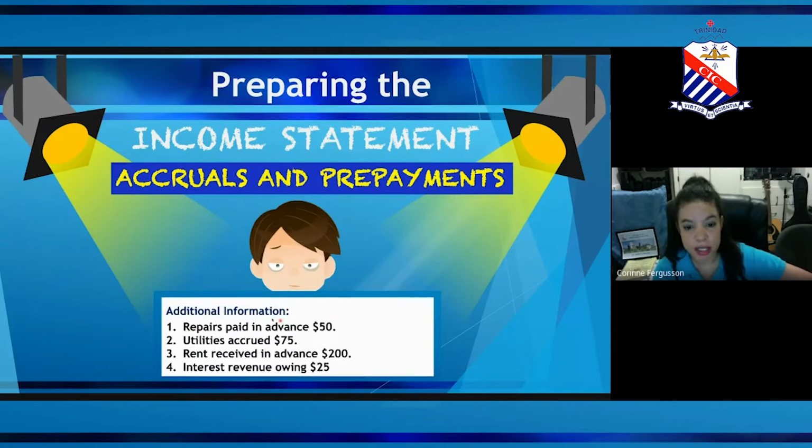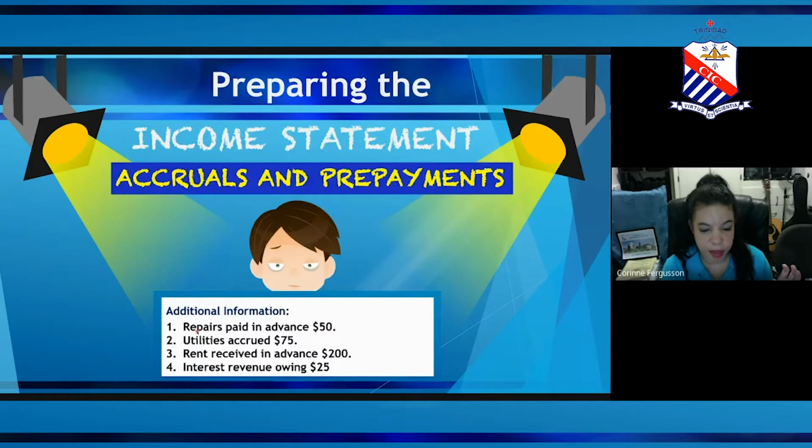But what we have learned is that this is also the information. So you would find your closing inventory here, as well as your accruals and prepayments. All your adjusting entries, but the ones that we are doing right now would be your accruals and prepayments. For the income statement, you would see these things in the notes, and this will tell you which of the 4, if any.